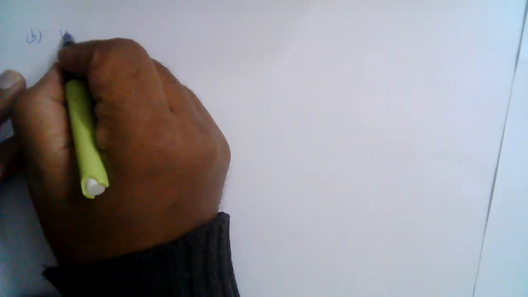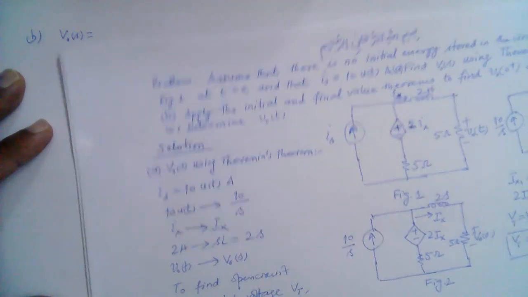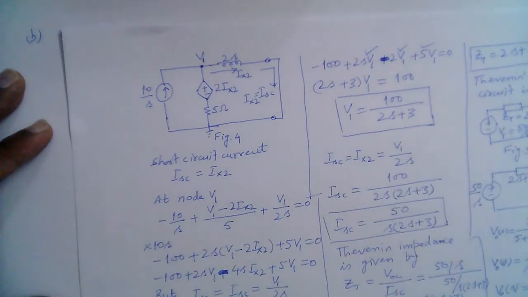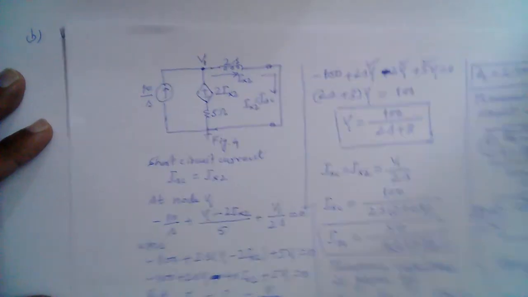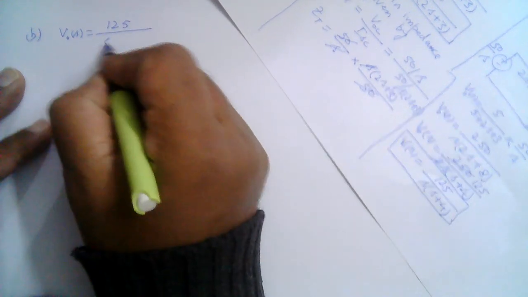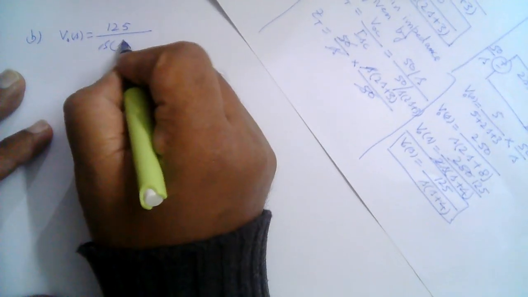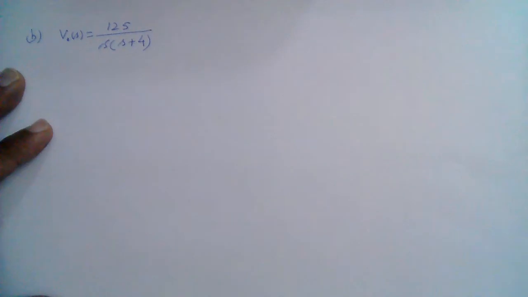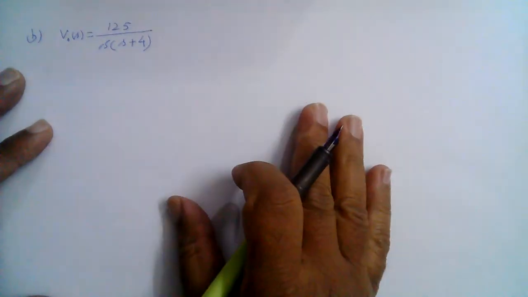For that, let's rewrite V naught S, which was found to be 125 over S into S plus 4. And now the initial and final value theorems.